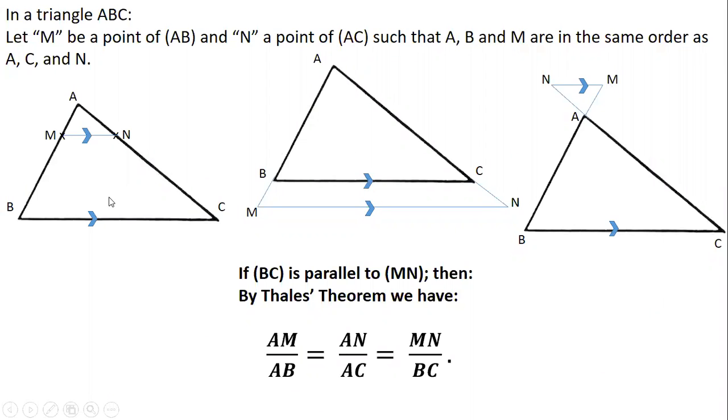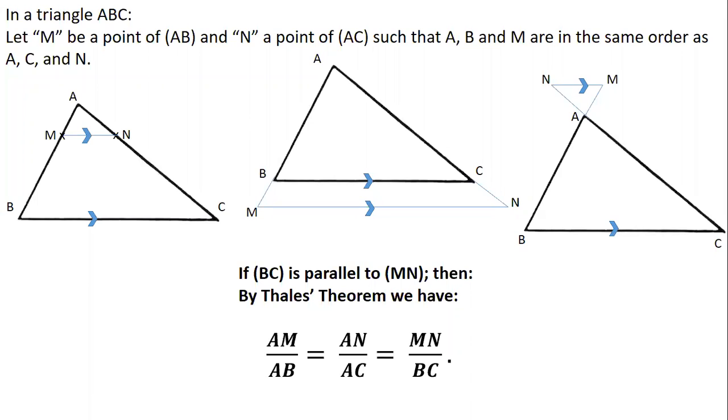Now you will ask me, Miss, how can we know where should we take M and N? Between AB, downwards AB and AC, or upwards AB, AC? This, of course, will be told to you in the given. Okay, so it's going to be a given.